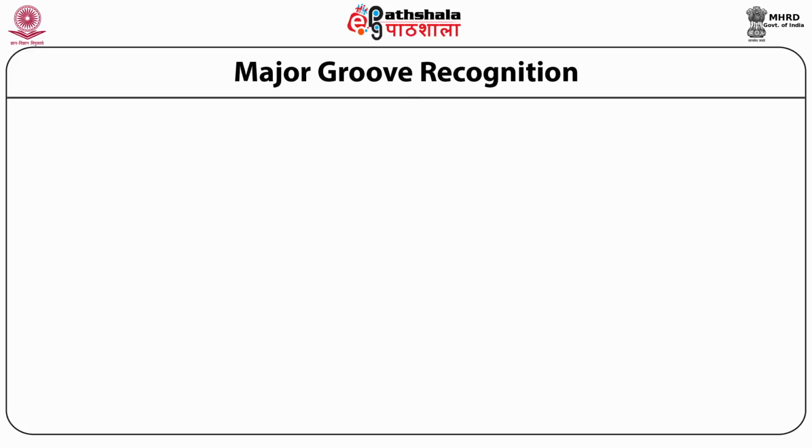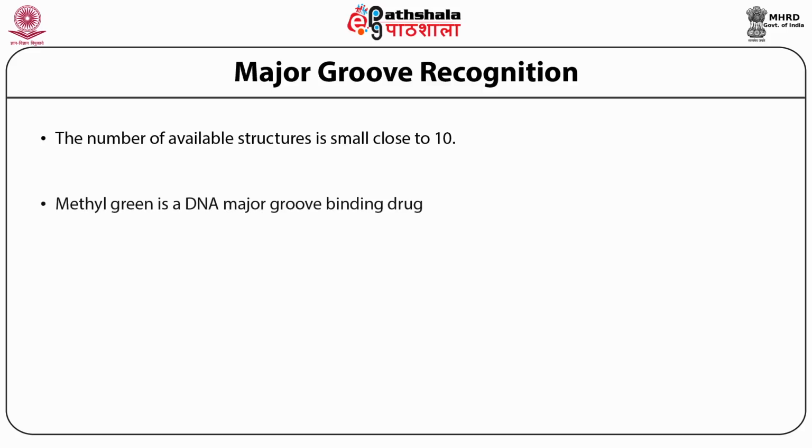Major groove recognition. There are not many small molecules which bind to DNA in the major groove. The total number of available structures is very small, close to 10. Methyl green is a DNA major groove binding drug.